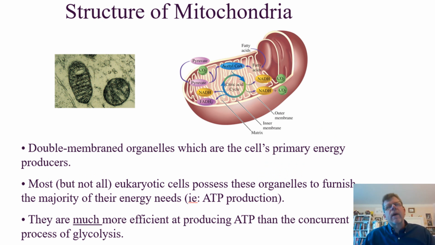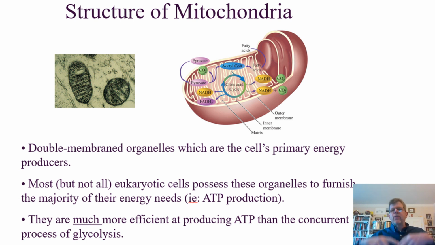So we've talked a lot about ATP production inside a cell. And here we come to a difference between our two energy production pathways, glycolysis and the citric acid cycle. Glycolysis occurs freely within the cytoplasm of the cell. It is not specifically carried out inside any cell organelle.